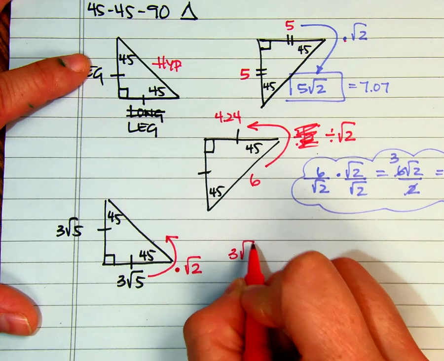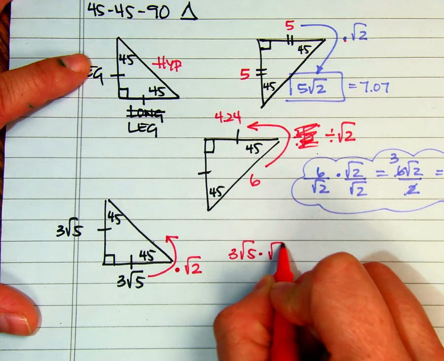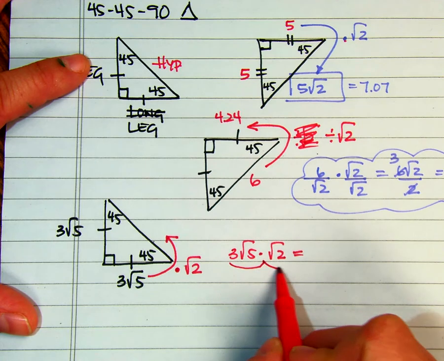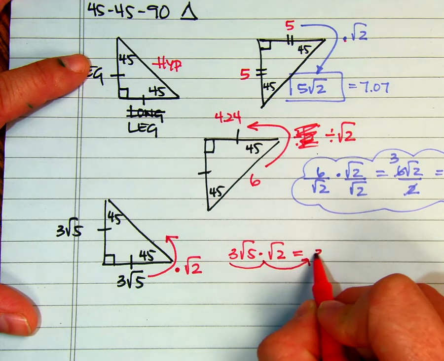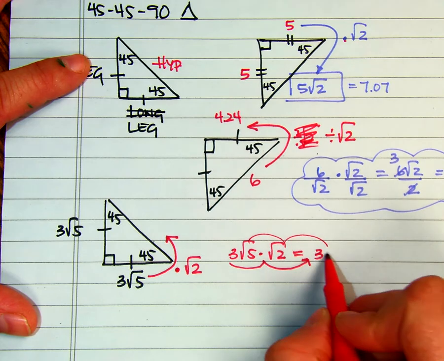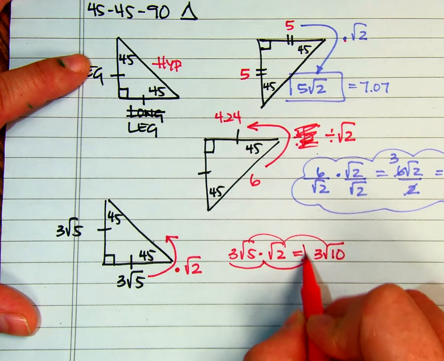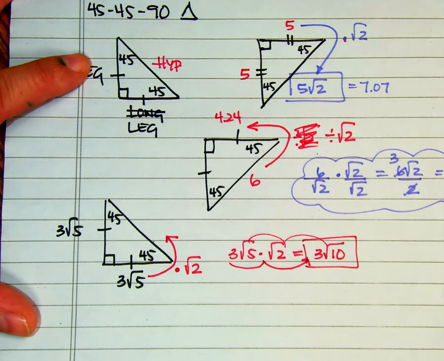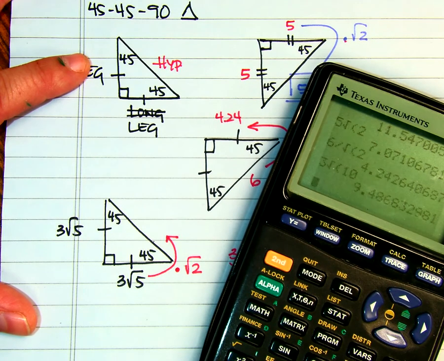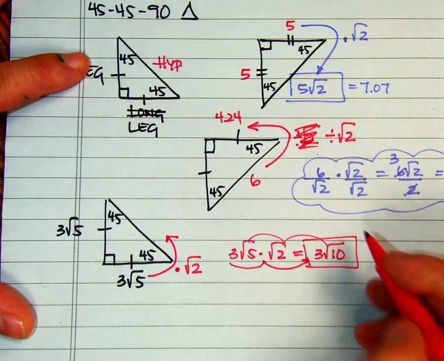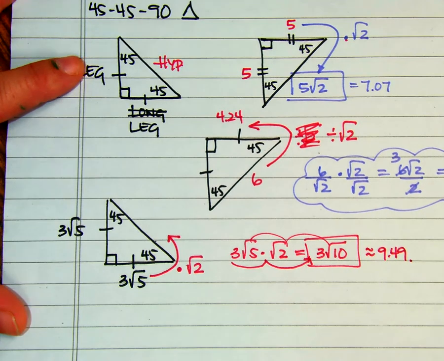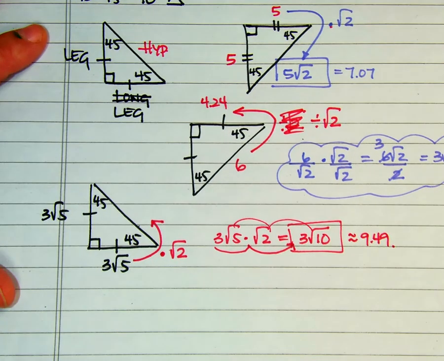So 3 radical 5 times radical 2 would give me, remember, outside, outside gives me a new number outside, which is 3. Under, under, stays under. So 3 radical 10 would be my answer, or I could put it in the calculator and get about 9.49. Okay, and that concludes 45, 45, 90.